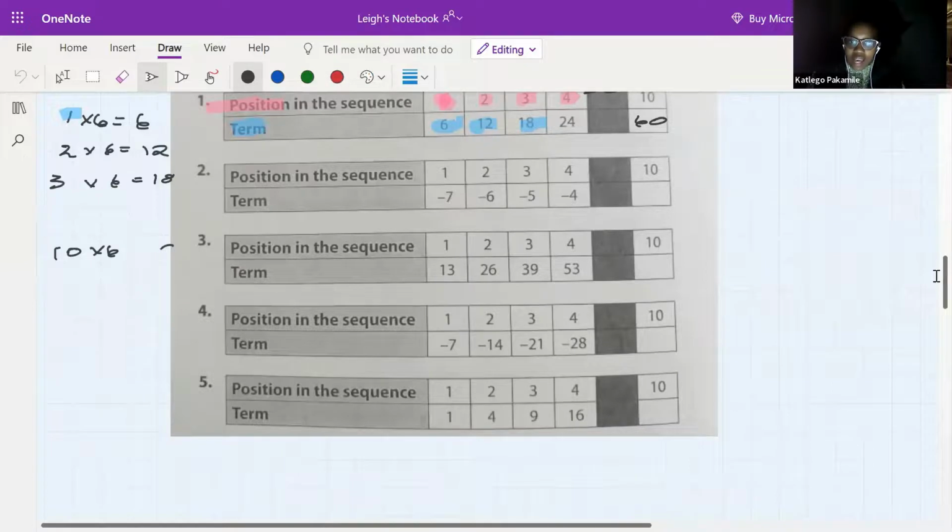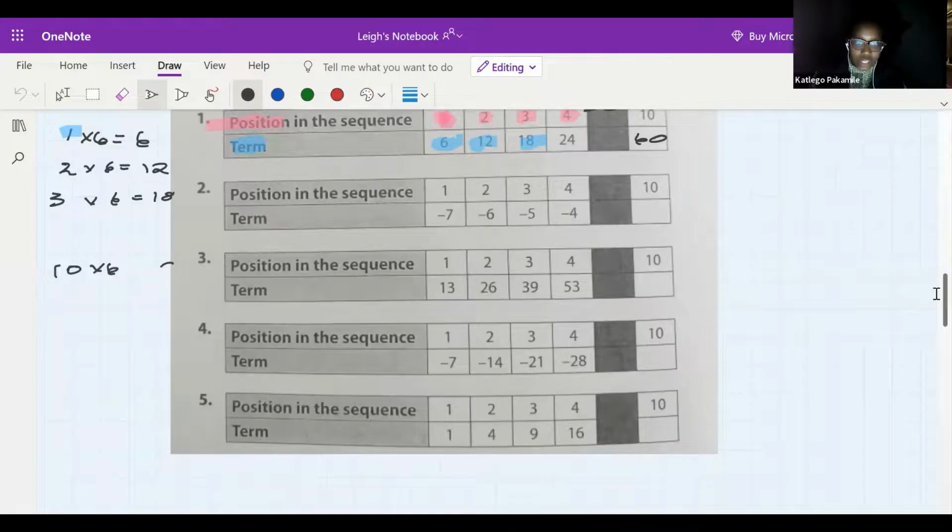Okay, let's see. Who's number one? Tenji. Okay, Tyler wants to do number 3, noted. And Tenji, what did you get for number 2? For the 10th number, I got 2.